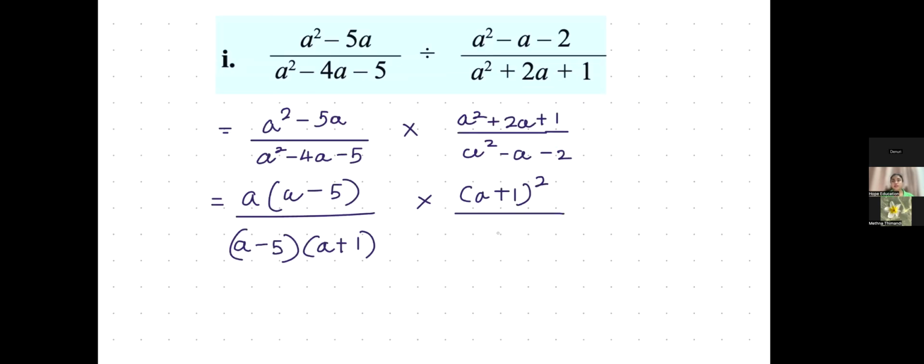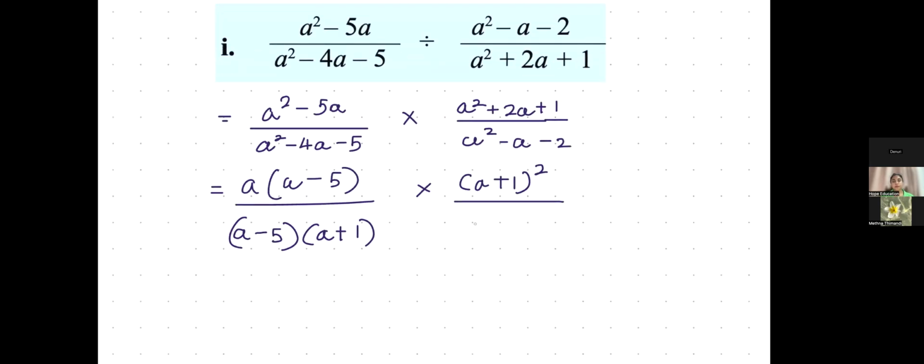And at the bottom we get a minus, sorry, a minus 2, a plus 1. So this is how you get it. Now we just have to cut and chop.